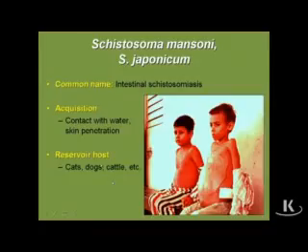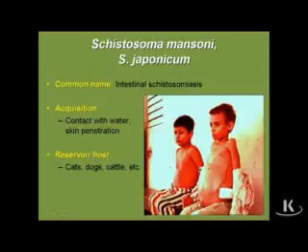Another scenario that they can give you is people that work in rice fields, because they are in standing water in the rice fields, and the schistosomes, again, can penetrate the intact skin. The reservoir hosts are, again, domestic animals or livestock like cats and dogs, and then cattle, for example.